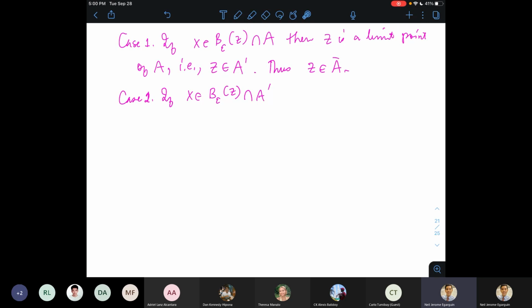And usually, the way to do it is to show that Z is a limit point of A. Tama? Pero paano ko siya mapapakita dito? Kasi pag napakita ko na si Z ay limit point ni A, ibig sabihin si Z ay na kay A prime. So therefore, dahil si A prime ay subset ni A bar, so dapat si Z ay na kay A bar din. Pero this statement only tells us that X belongs to A prime, but I'm not sure if Z belongs to A prime.